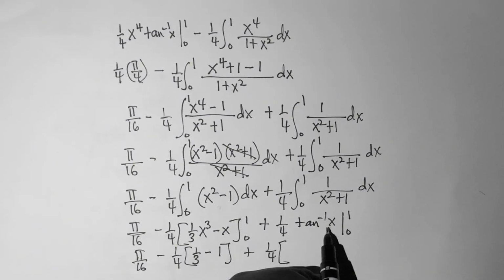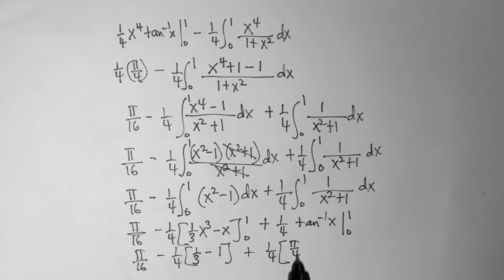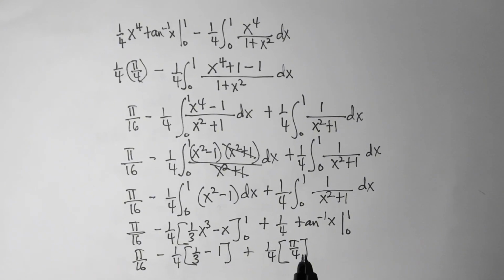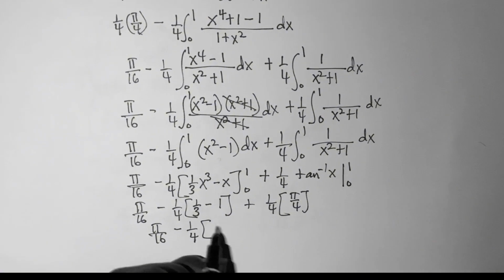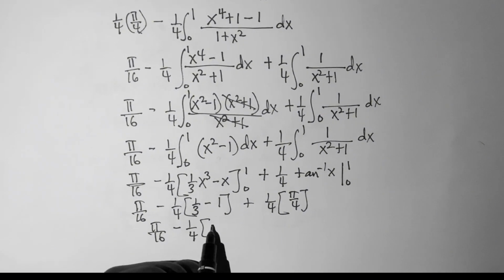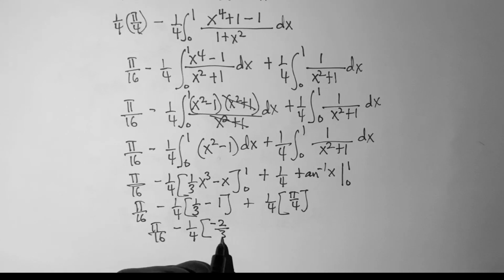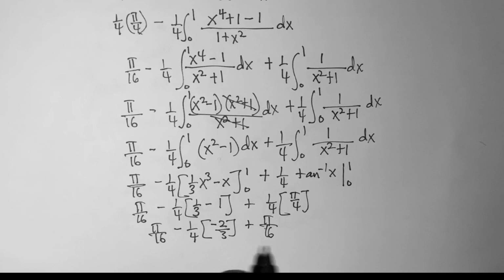Now, if you put in 1, tan inverse of 1 is 45 degrees, which is the same as pi over 4 radians. Then if you put in 0, tan inverse of 0 is 0. 1 over 4 times 1 over 3 minus 1 is the same as minus 2 over 3. And then plus pi over 16.